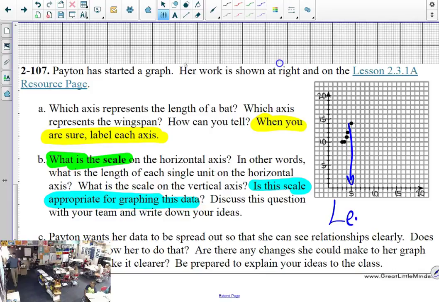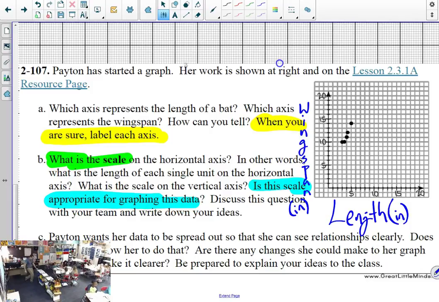So this is length. And you always want to put what it's being measured in, so it's in inches. If you did not put inches, please do so. Which means our y-axis then has to be wingspan. And that's also in inches.